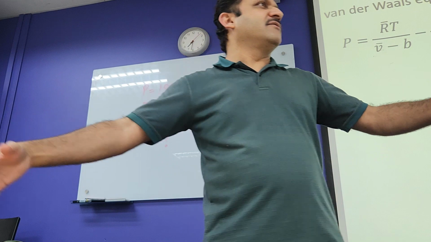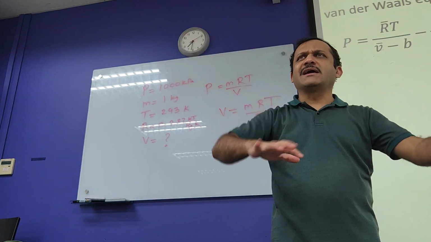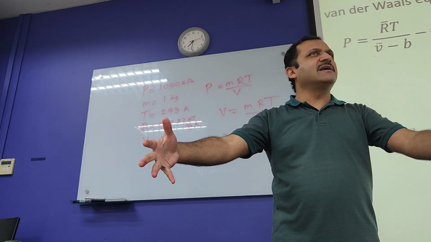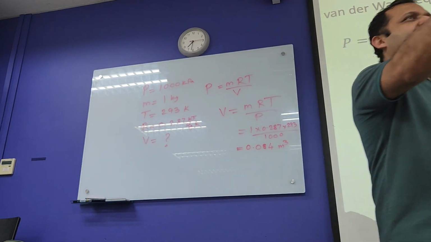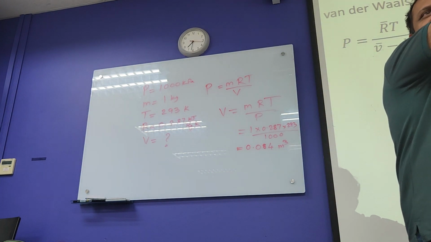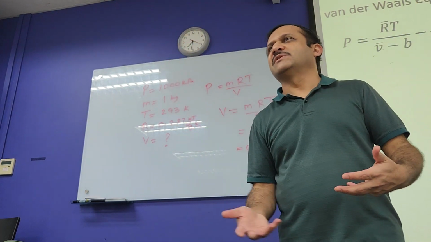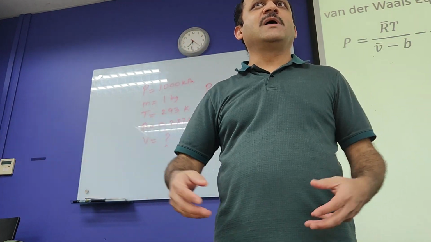So you've estimated that, and you now size it, you design everything, and you say to your boss, this is what we need to manufacture or get from some supplier. 84 liters of volume.